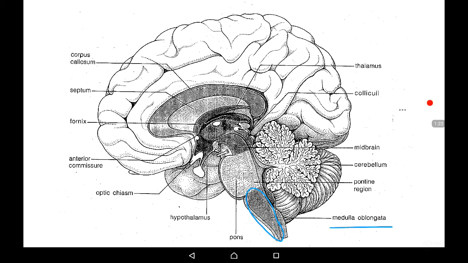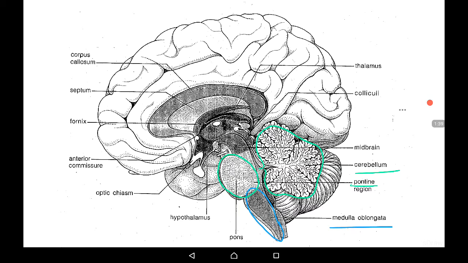If we go upward, we will see the pons and the cerebellum. The pons and the cerebellum.